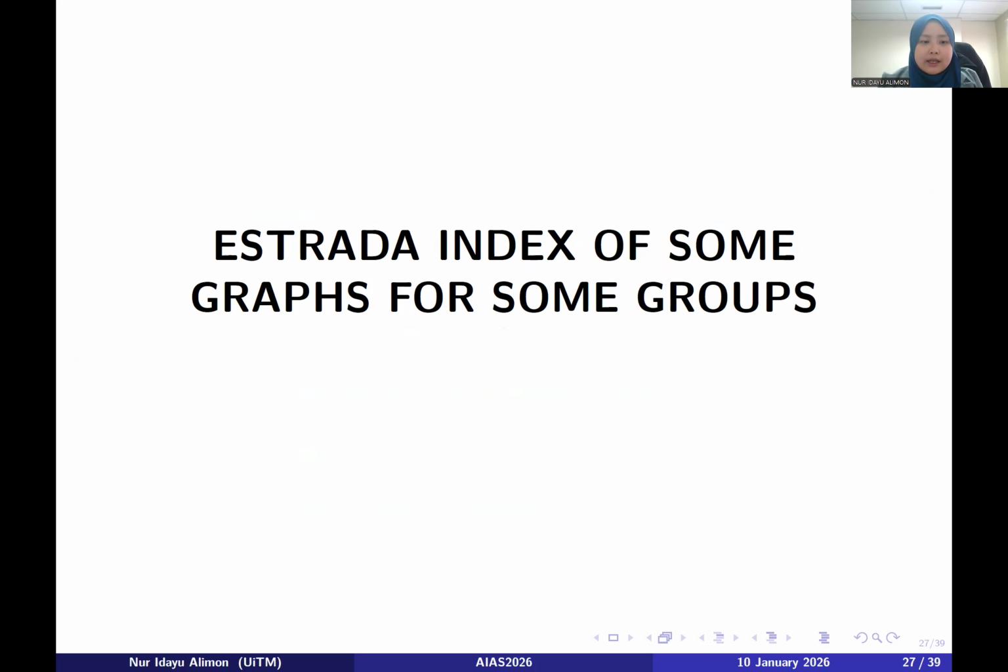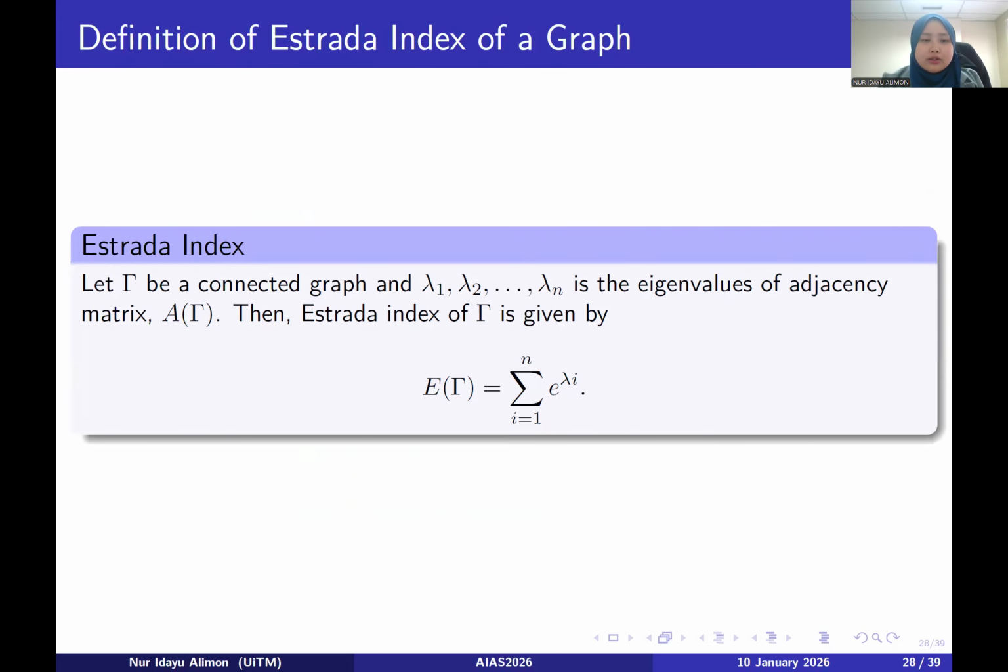Okay, so Estrada index. So first we need to know the definition of the Estrada index. It's different from the Randic index and most of the topological indices, because the Estrada index involves the eigenvalues. So first we need to find the eigenvalues, and then you can substitute into the formula of the Estrada index.